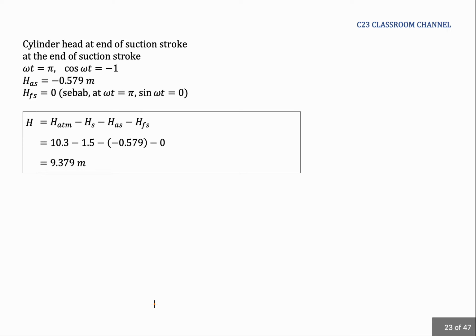Then we calculate the cylinder head at the end of the suction stroke. You can check all these parameters. We still have the acceleration head, in negative, and the friction is also equal to 0. Then we get the value of 9.379 meters.